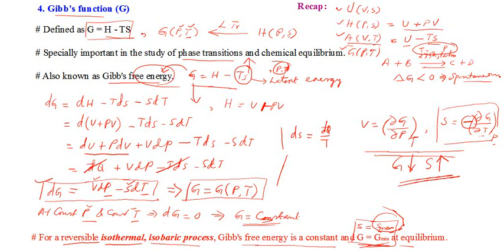So I conclude this session here, and in the next session I will give you a summary of all those 4 different thermodynamic potentials that we have familiarized in the different sessions so far, which will help you to memorize and understand better. Thank you.